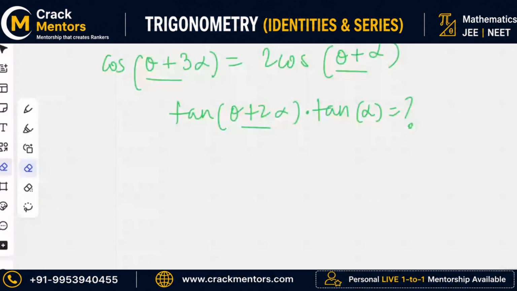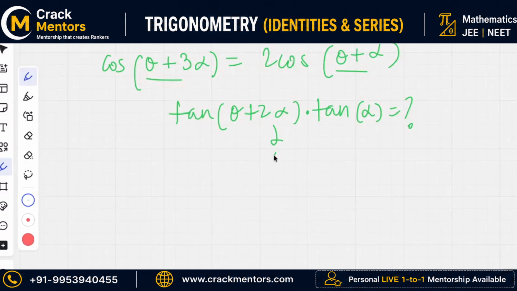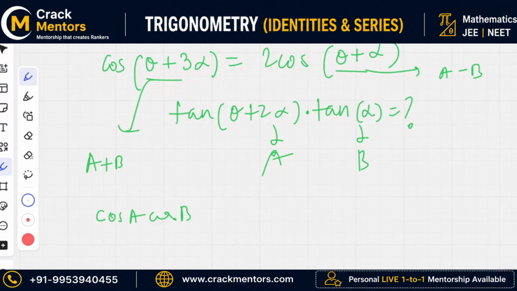Yeah, got it. So if we let this as A and this as B, then this is A plus B and this is A minus B. Let's just apply the formula here. So you will have cos A cos B equals minus 3 sin A sin B. And they're asking tan A into tan B, right?